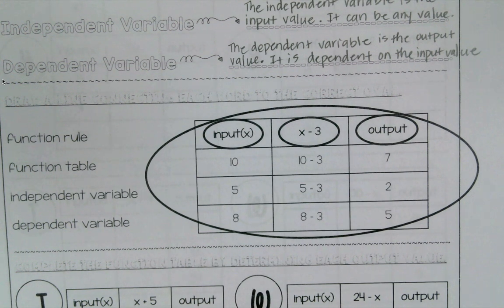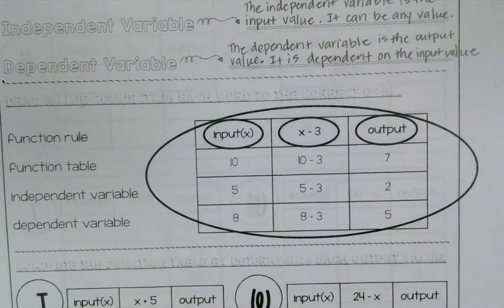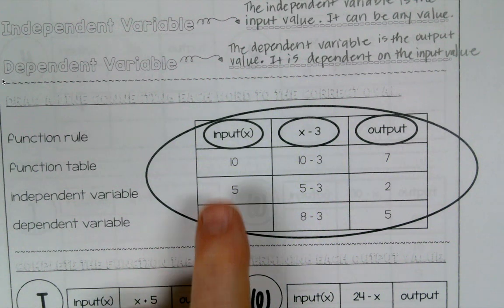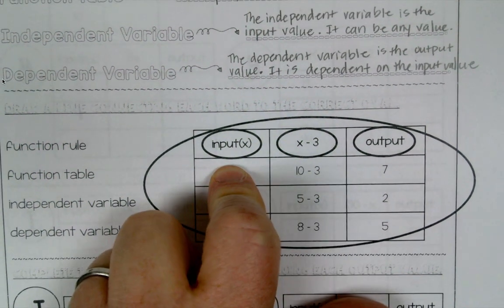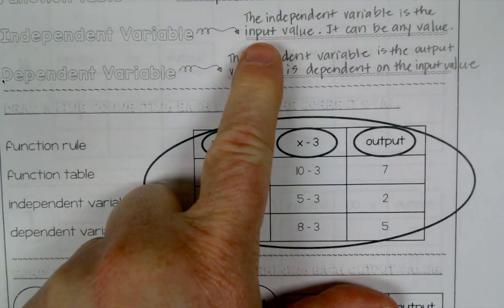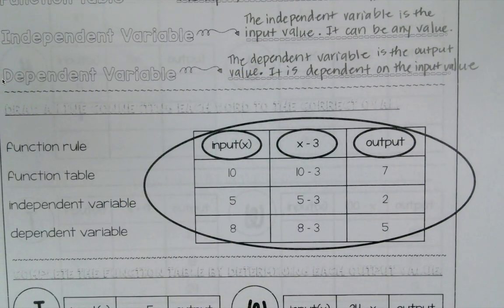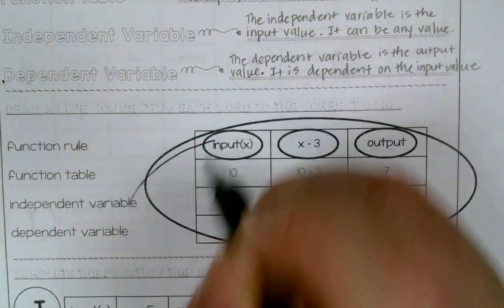My input, as we know over here, is your independent variable. So we're going to say the input is my independent variable, okay?